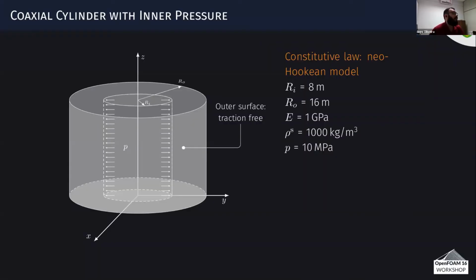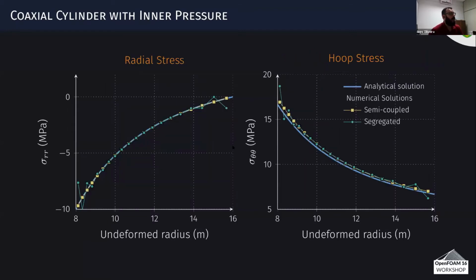The first one, the cylinder with internal pressure, is a thick cylinder where we assume that it's made of a neo-Hookean model with constants that would give us a small strain solution, just to verify that the code gives the correct solution for small strain, which is necessary. So we compare the radial stress and the hoop stress for this case.